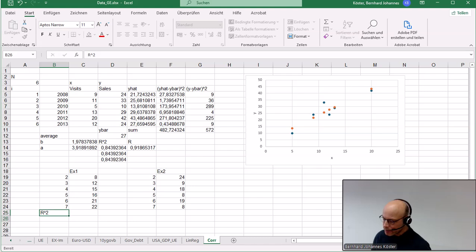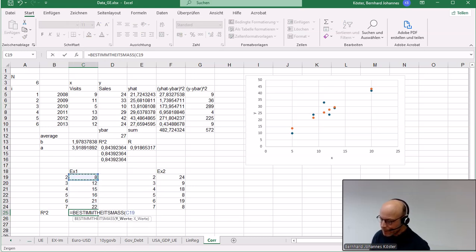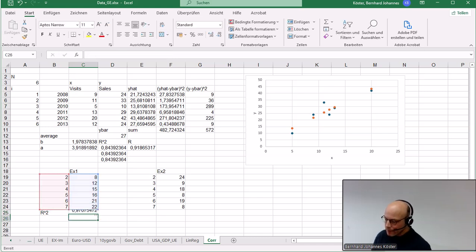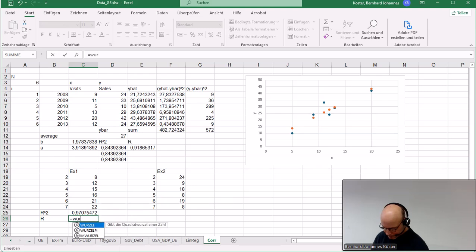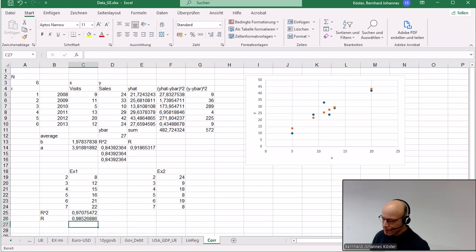And then let's calculate R squared, the coefficient of determination, and we had also to calculate the correlation coefficient, which is the square root of this, and this for the other example.